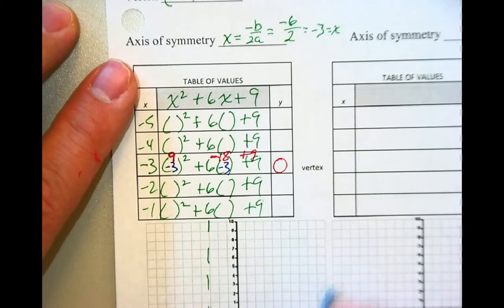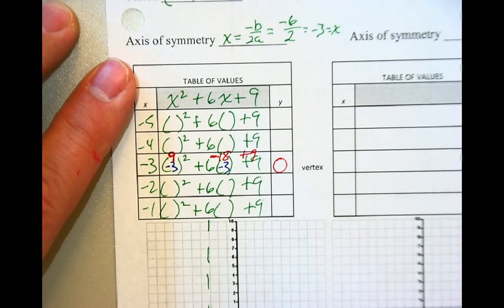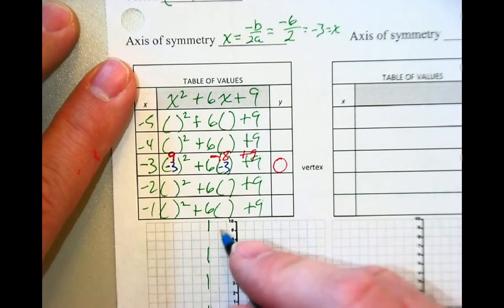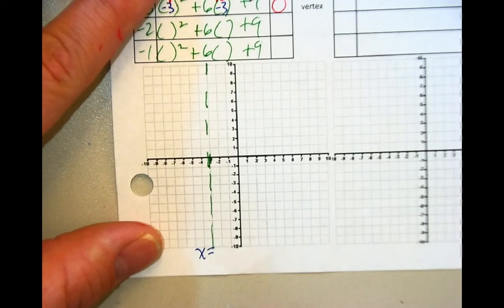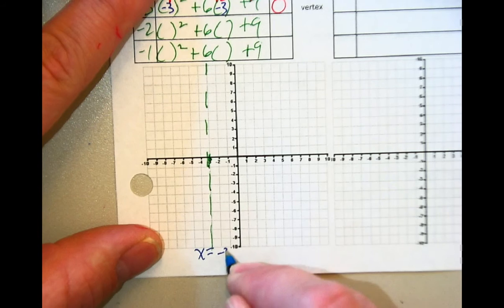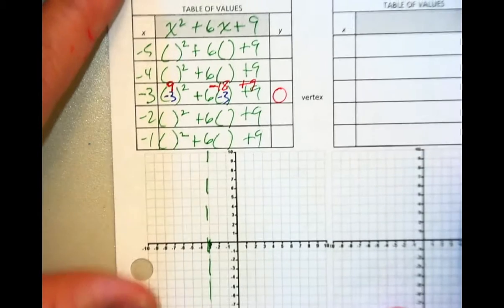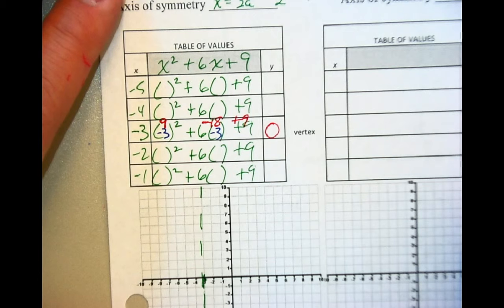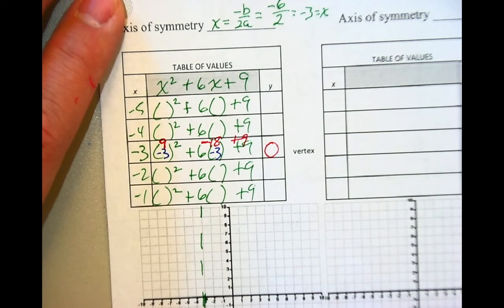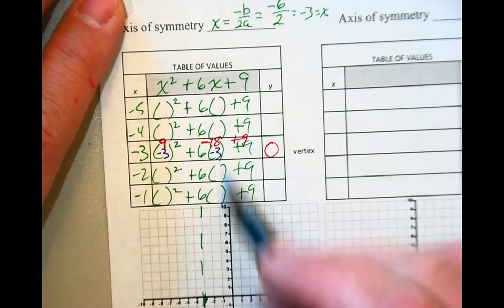When you're graphing, do you want us to graph the vertex or the axis of symmetry? You put them both on there. So there's the axis of symmetry at x equals -3. And if it was different, like, say it wasn't -3, 0, so they weren't the same, you want us to graph both of them? Well, the x of the vertex and the axis of symmetry will always be the same.